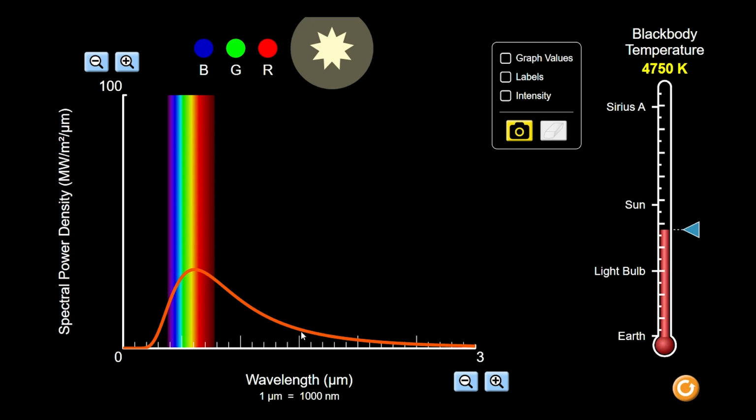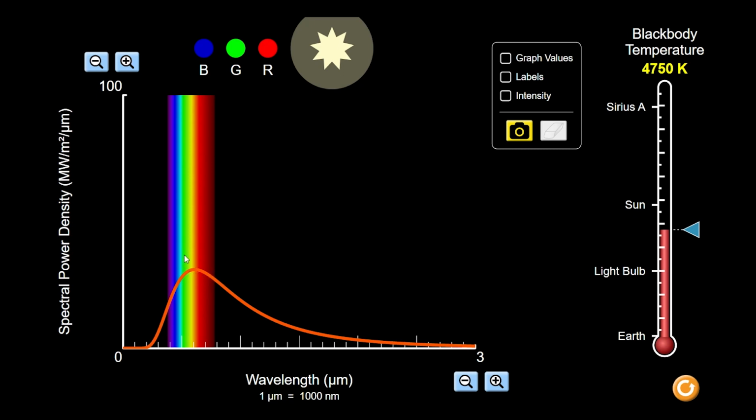So the lower the temperature, the less thermal radiation we get from the source. And also notice that this peak right here is in the yellow now. So the peak has moved to longer wavelengths.